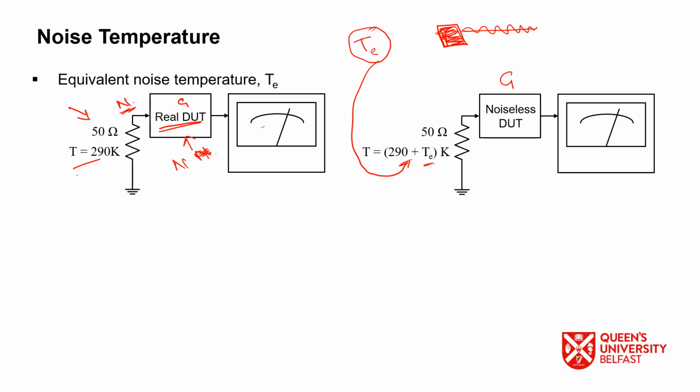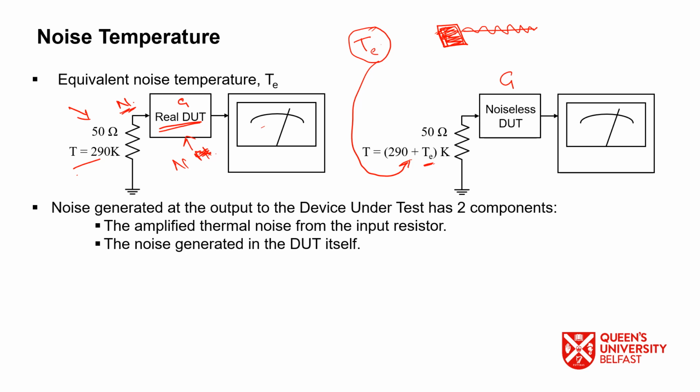So this T is important. It's called equivalent noise temperature. So noise generated at the output of a device under test has two components: the amplified thermal noise from the input resistor that we have seen here, and the noise generated by DUT itself, that is this noise by DUT.